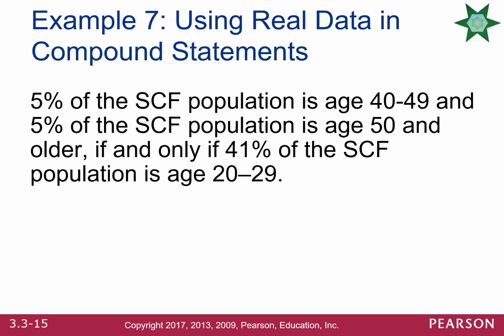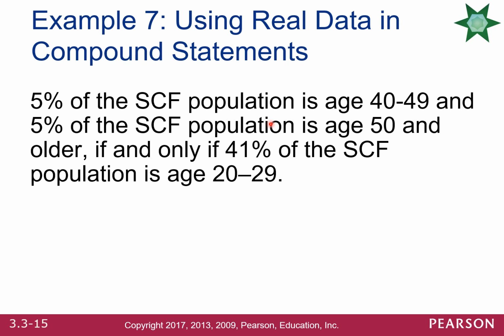Let's look at another compound statement based on the same problem. It says here, 5% of the SCF population is age 40 to 49 and 5% of the SCF population is age 50 and older, if and only if 41% of the SCF population is age 20 to 29.